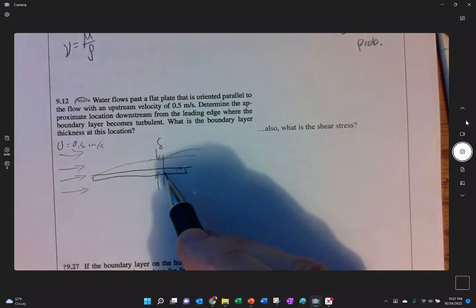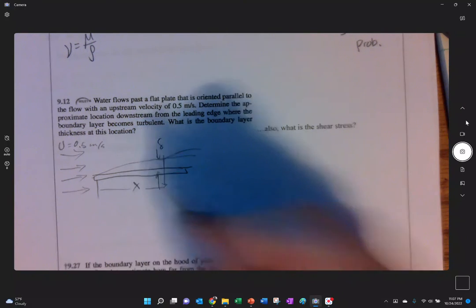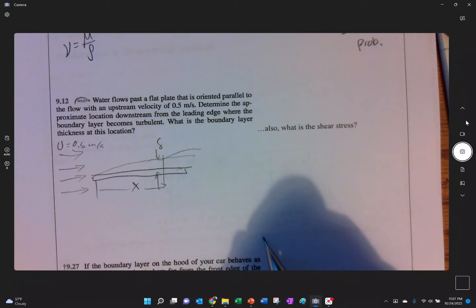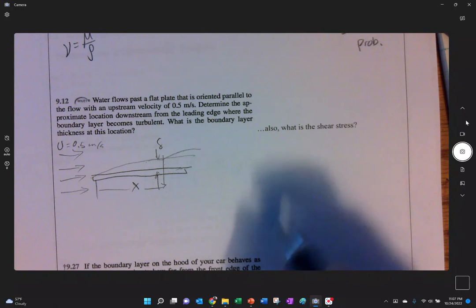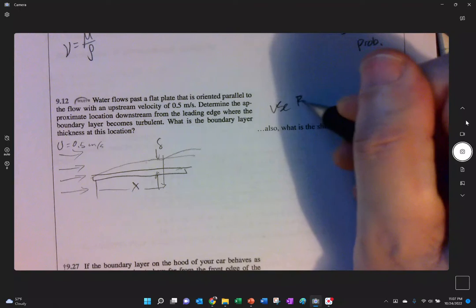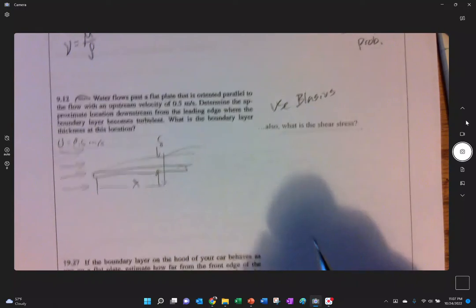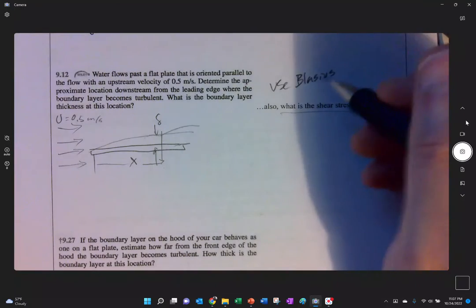We want to find the location, call it X, from here, where we make that transition, and we're going to use Blasius. I also added, what is the shear stress at that location?